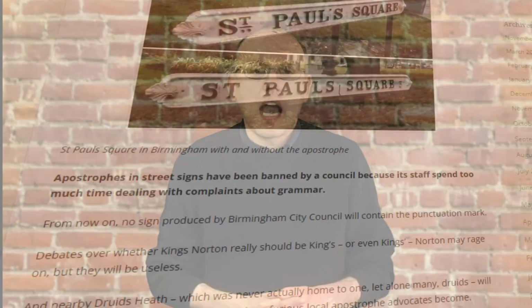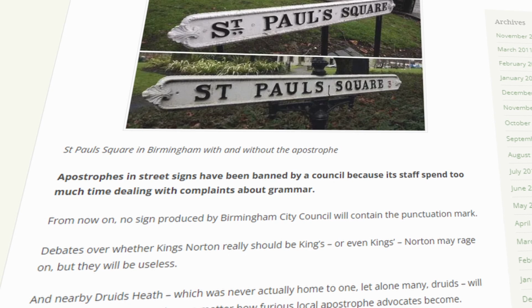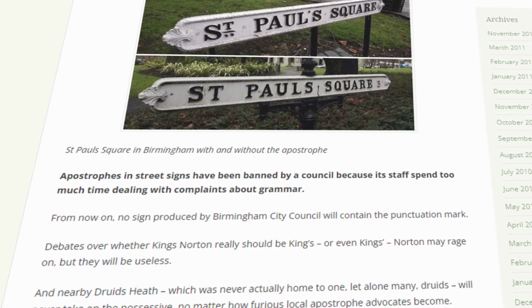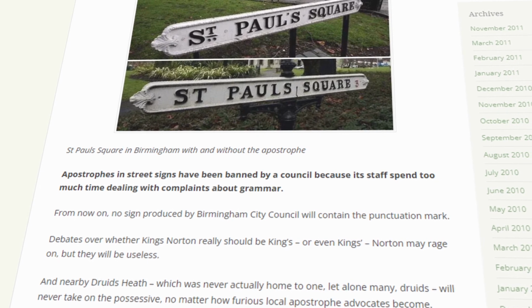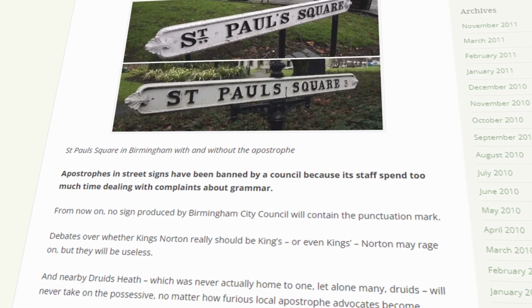And for your information, I found an interesting article that says apostrophes in street signs have been banned by a council because its staff spend too much time dealing with complaints about grammar. So that council has decided that the road signs will not have apostrophes whatsoever.